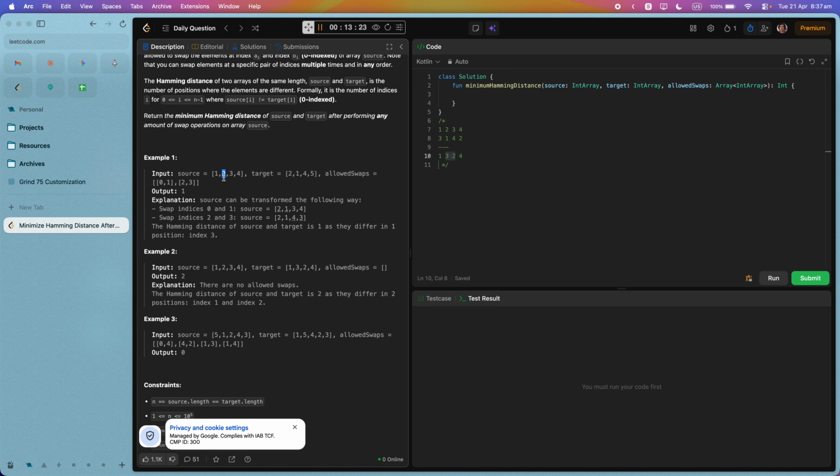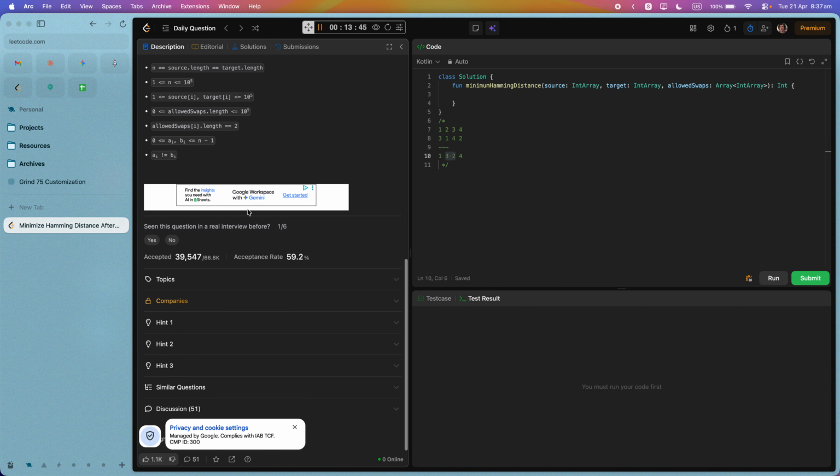But then I have to check again the 2, which is here. Where is its correct place in the target? And can I swap it? Not really. Let's see the hint.